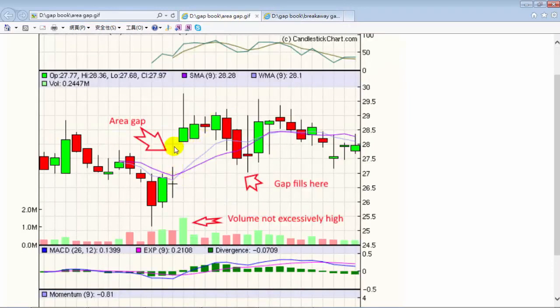The candlesticks are going to be red and green. Some people will call them white and black. White corresponds to green, red corresponds to black. The only real difference between red and green is that for red, the top of the candlestick right here, not the wick, but the top of the bar itself, is the opening price, and the bottom is the closing price, whereas for the green one, the bottom is the opening price and the top is the closing price.